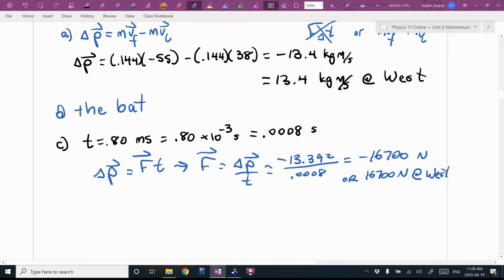D says, find the average acceleration. Okay. Again, I could go A equals Vf minus Vi all over T, but wait a minute. I just found the net force. I think I can go F equals what? Ma. I think I can go A equals F over M, and that's going to be negative 16,700 divided by the mass of 0.144.